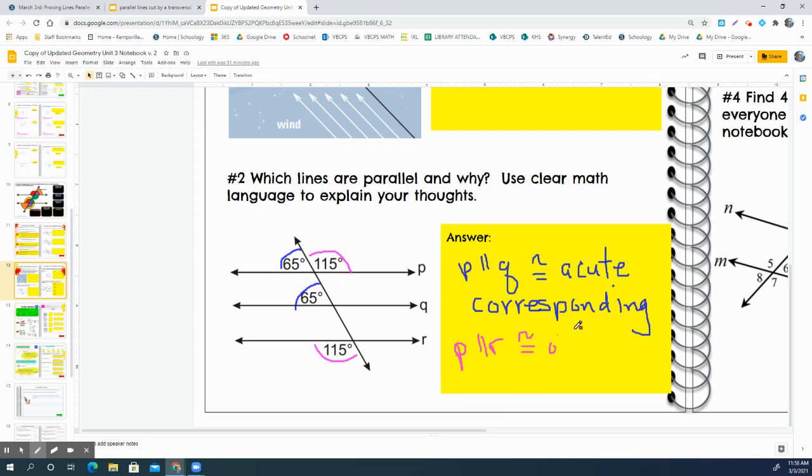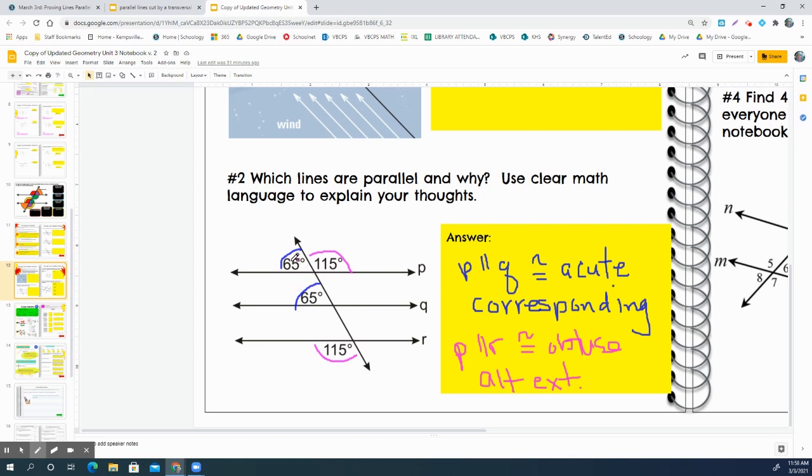Obtuse, for sure. And what's their relationship? Dalton, did I hear you say something? Here in the class, Cadence is saying alternate exterior, right? So you're going to type all of that in here. If you can't use the congruent symbol, just write out congruent or equal or whatever you need to do.